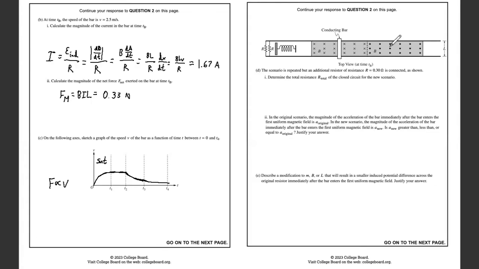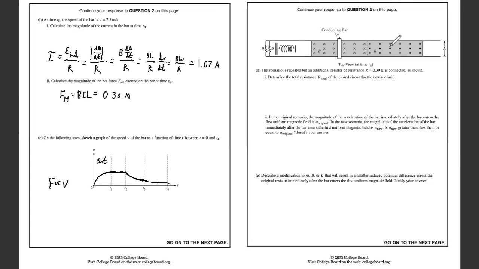Similarly to with between T2, T3, that force should be proportional to current, which should be proportional to velocity as well. So I do believe that this is the correct graph. Again, if any of you disagree with me, let me know in the comments. But I'm feeling okay about that. I think that it is correct.